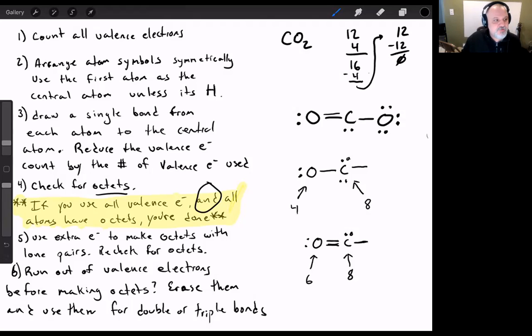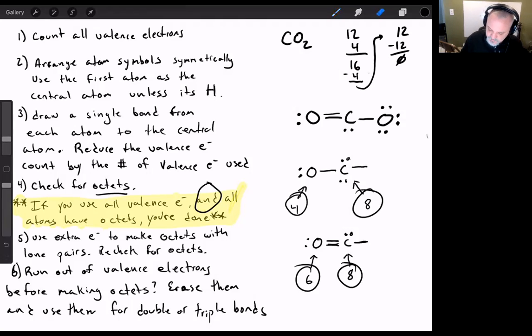It went up to 6. Okay. This is why we make double bonds and triple bonds. Because if you move a lone pair from one atom and use it to make a multiple bond between that atom and another atom, it doesn't change the count around that atom. It just changes the count around the other atom.